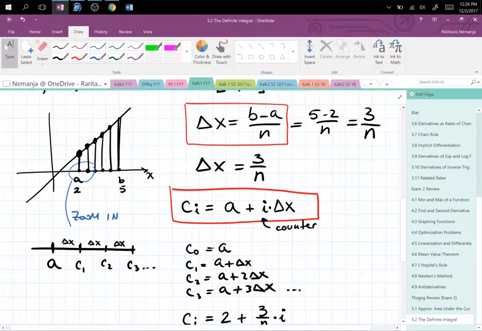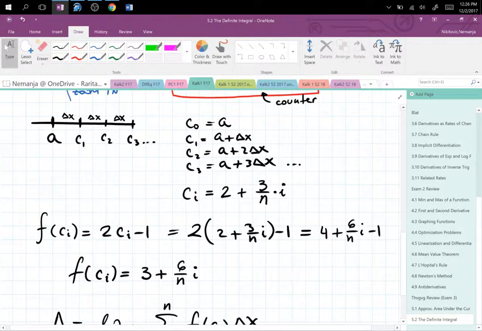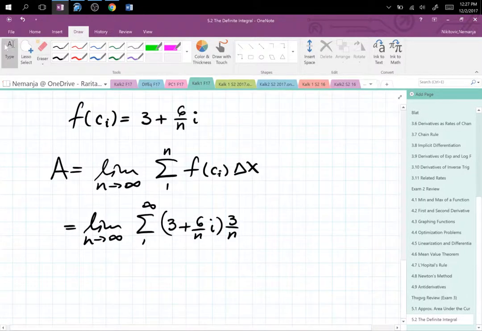With different values of a, you are going to have different values of a and delta x. So that changes every time. And then with a different function, f of Ci changes every time. So this is like a triple deal that you have to compute from scratch every time you see a problem. You compute delta x first, then you compute Ci, then f of Ci, and then you are able to plug everything into the Riemann sum. And this is where fun begins.